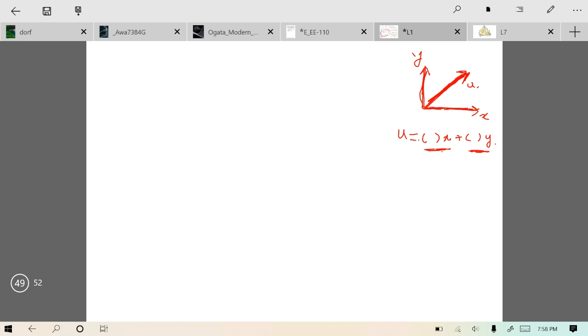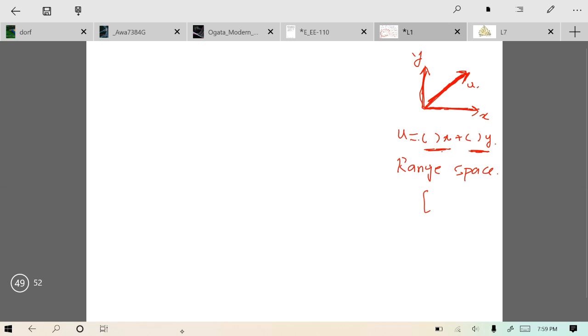All the vectors that can be made from this X and Y form the range space of these basis vectors. Just like U, we can make multiple other vectors using X and Y.